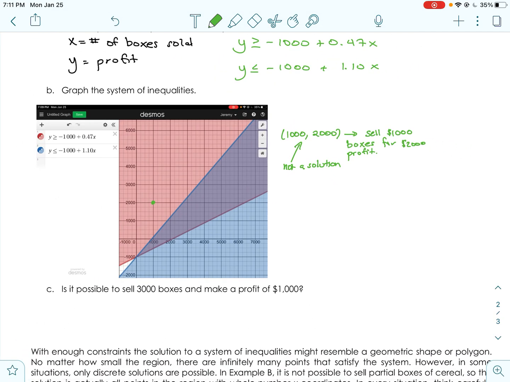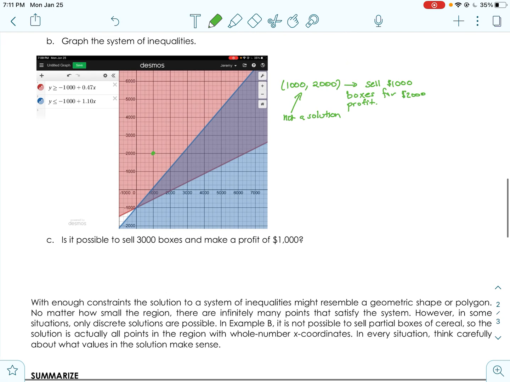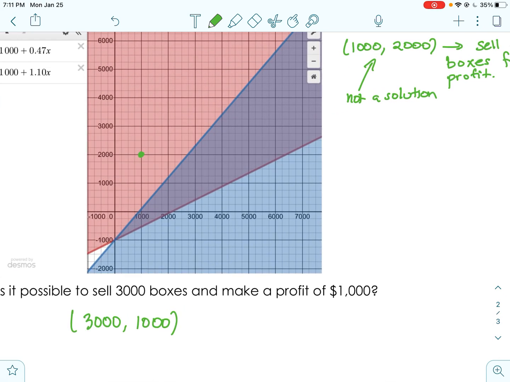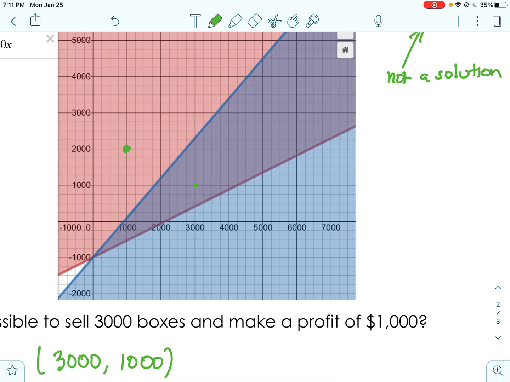Now, if you look at letter C, it says, is it possible to sell 3,000 boxes and make a profit of $1,000? That means, is the point (3,000, 1,000) inside of our solution region? And if you look at this, (3,000, 1,000) is right there. It is inside the solution region.